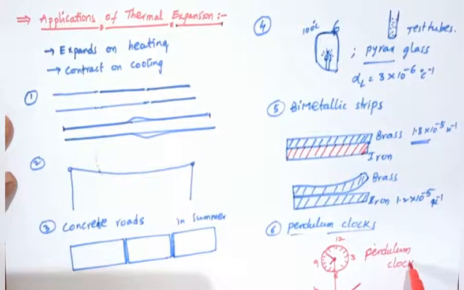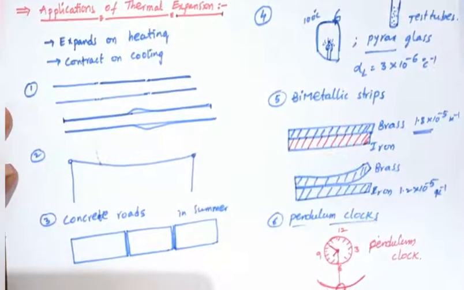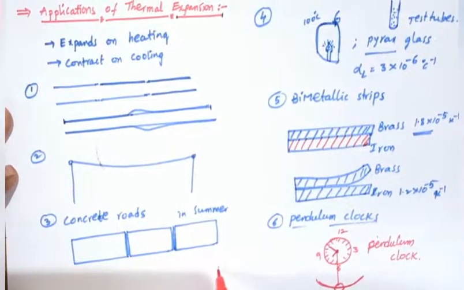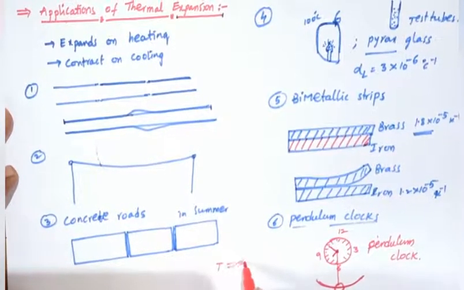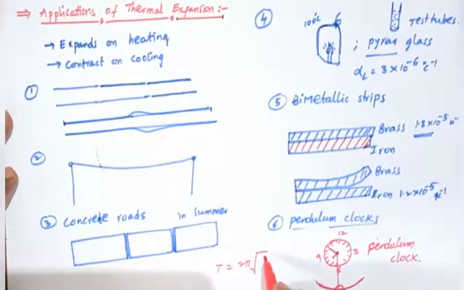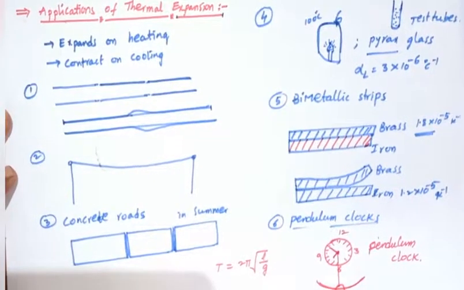Already we know that the time period T equals 2 pi times the square root of L by g.